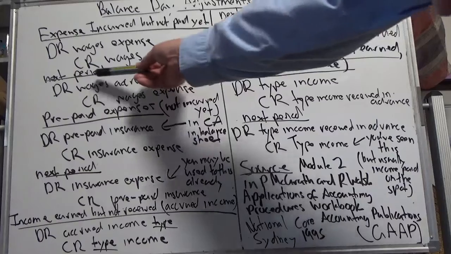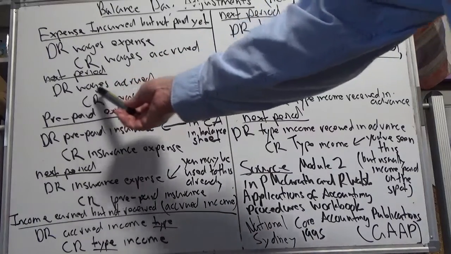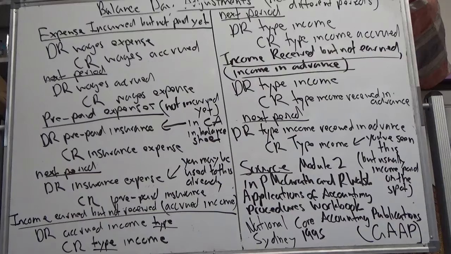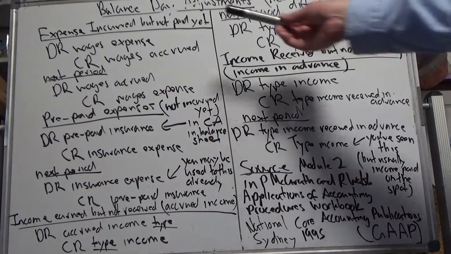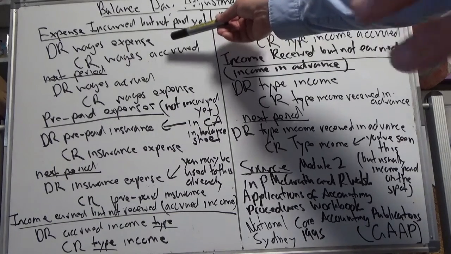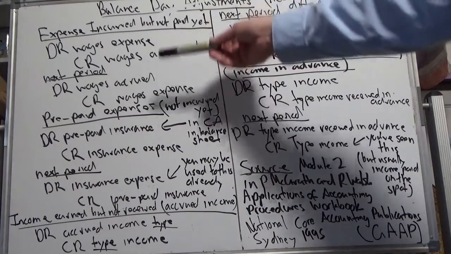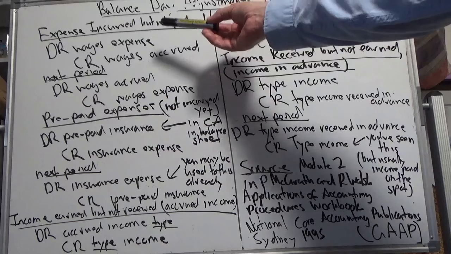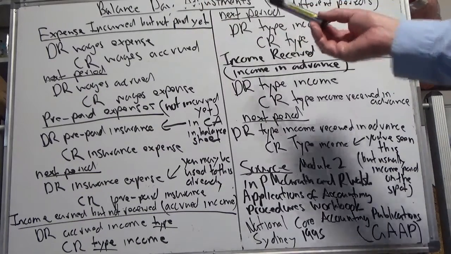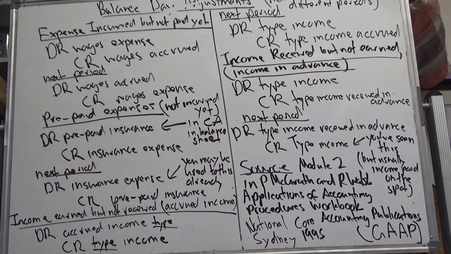And then in the next period, you debit wages accrued and credit wages expense. So that's like if you were to pay that wages expense on the spot, you wouldn't have to worry about 2 periods. But this transaction does go into 2 periods, therefore it's a balance day adjustment.